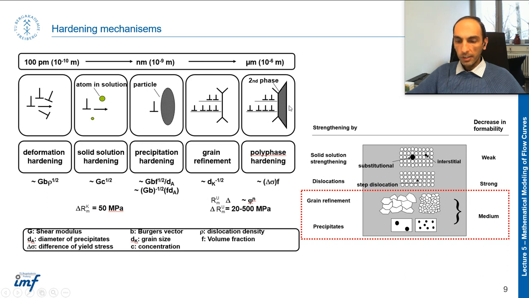It means that if your second phase is much harder than the matrix, then this hardening effect will be stronger because this value is increasing. And of course, if the fraction of the second phase increases, it means that the fraction of the hard phase is increasing, so of course the flow stress or the mechanical properties of the material will increase.